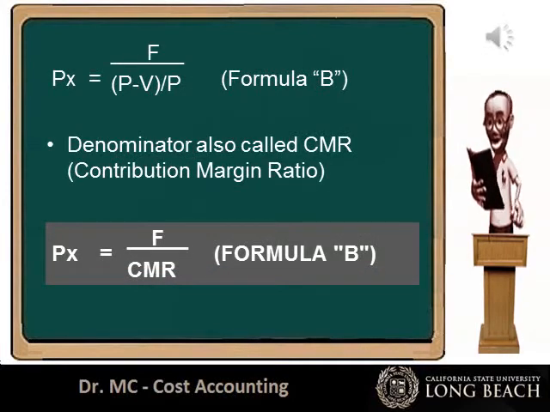Formula B's denominator, (P minus V) divided by P, is also called the contribution margin ratio. So, sometimes Formula B is written as PX equals F divided by the contribution margin ratio.